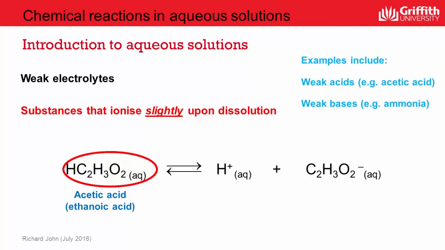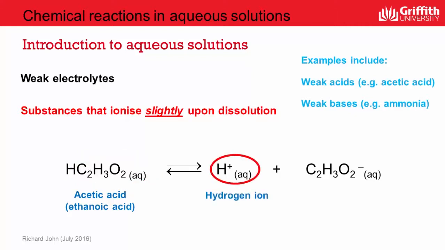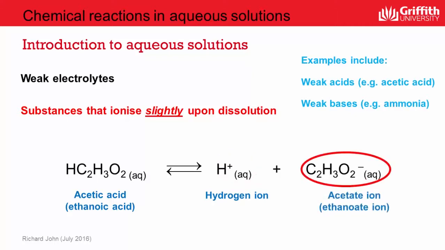It's a molecular compound. When it's dissolved in water, it is able to be broken apart to form the hydrogen ion and the acetate ion, or the ethanoate ion. The unique feature of this particular chemical equation is the presence of double arrows, an arrow going to the right as well as an arrow going to the left.